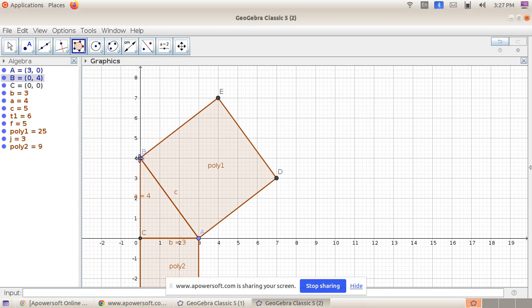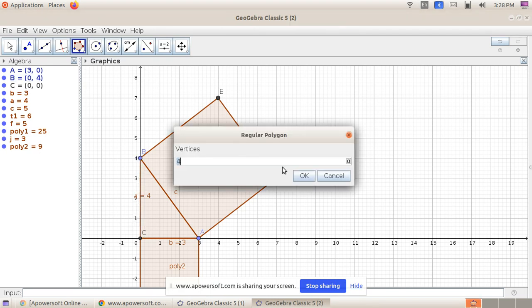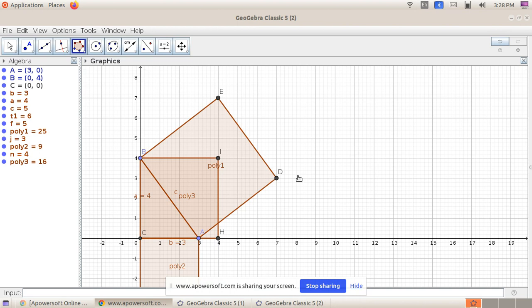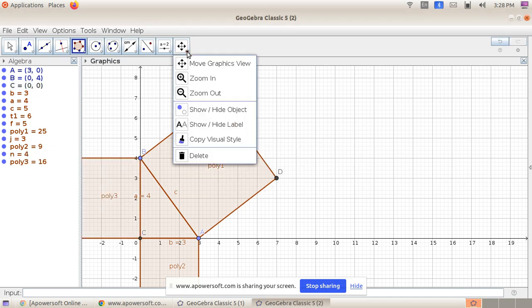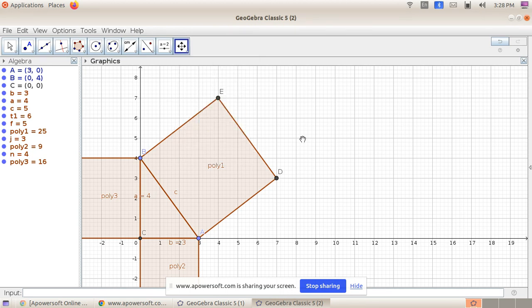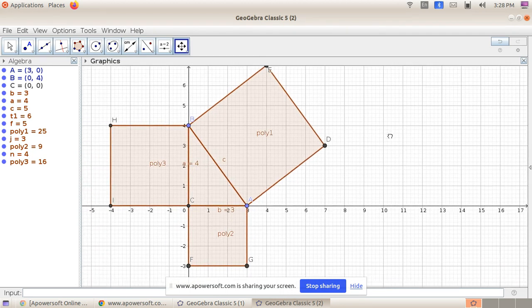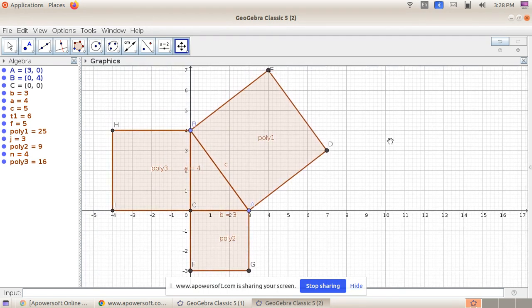Here also C. Oh no, it's in the right way. So we are going back from C to B. Okay, again four. So here also we have four vertices. To get the clear view, I'm moving it to the right side. Yes.